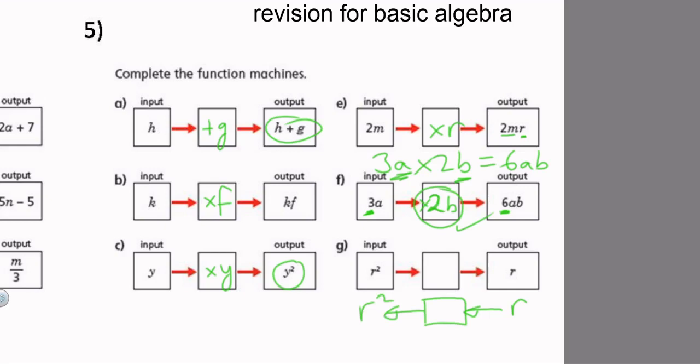R times something to give you r squared. It's obviously times by r. R times r gives you r squared. We know the opposite of times is divide. So we divide by r. R squared divided by r gives you r.